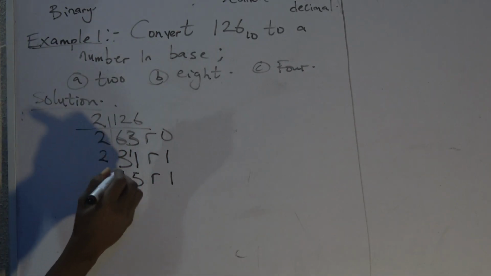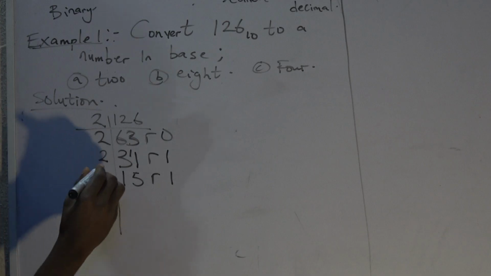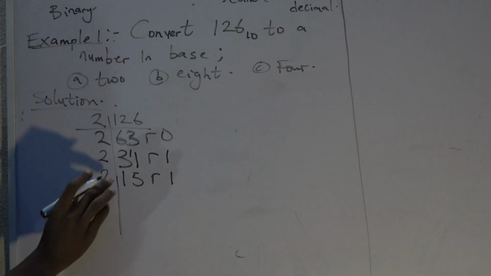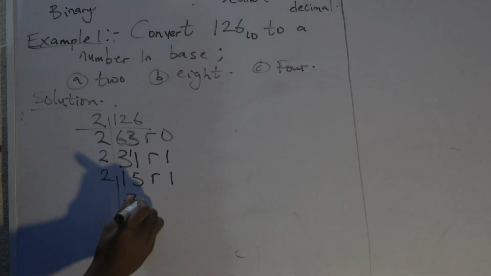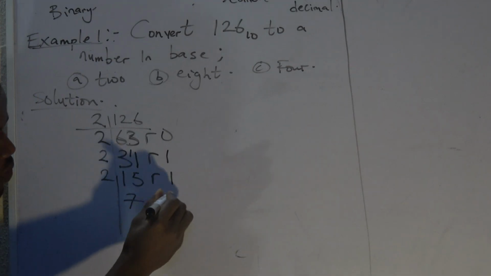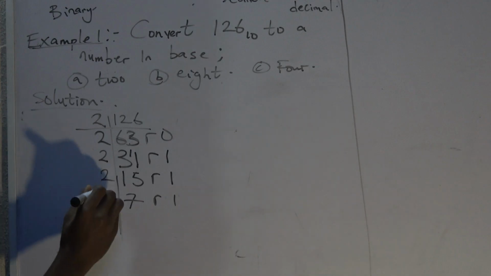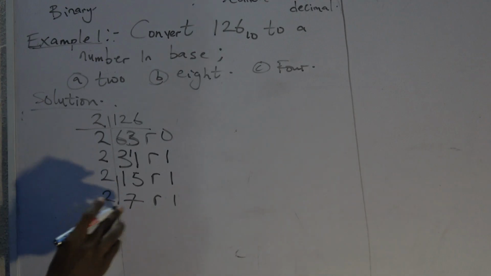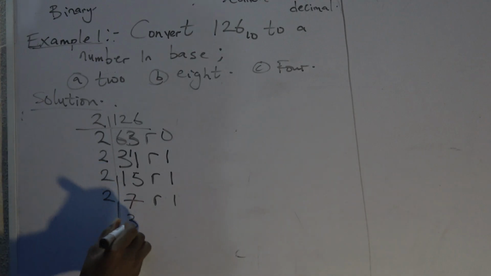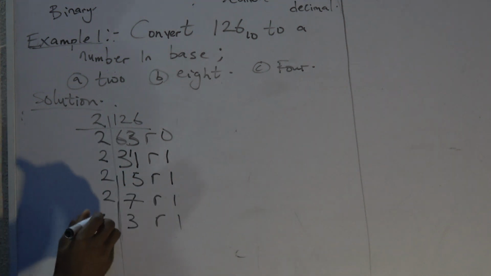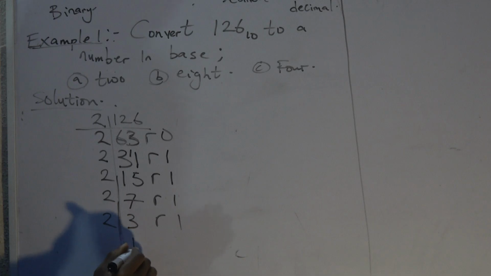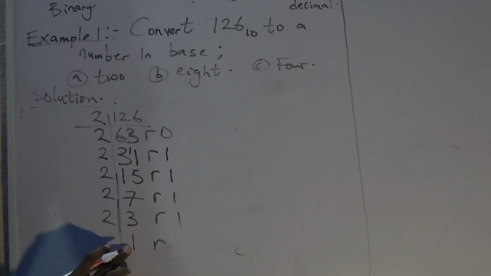Now we have to divide again. 2 in 15 gives 7. 2 times 7 is 14, so remainder 1. Divide again: 2 in 7 gives 3. 2 times 3 is 6, remainder 1. 2 in 3 is 1. 2 times 1 is 2, remainder 1.